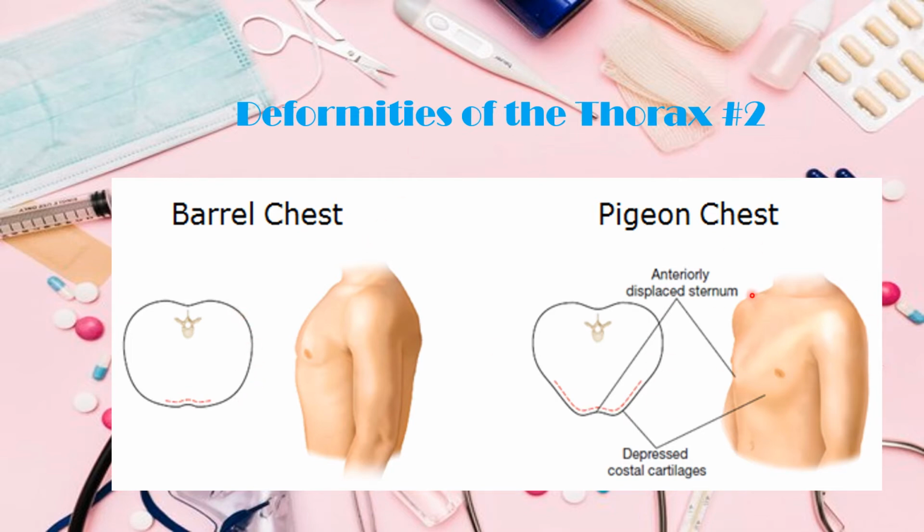Another deformity of the thorax here is the pigeon chest, or what we call pectus carinatum, wherein the sternum is displaced anteriorly, increasing the anteroposterior diameter. The costal cartilages adjacent to the protruding sternum are depressed here. And this is the anteriorly displaced sternum.